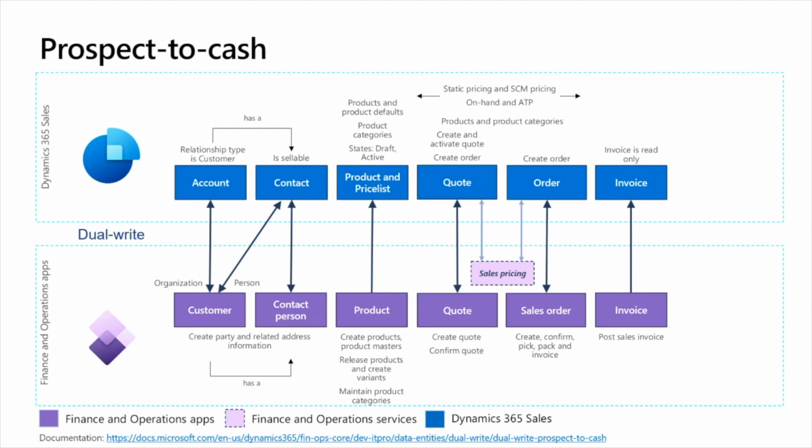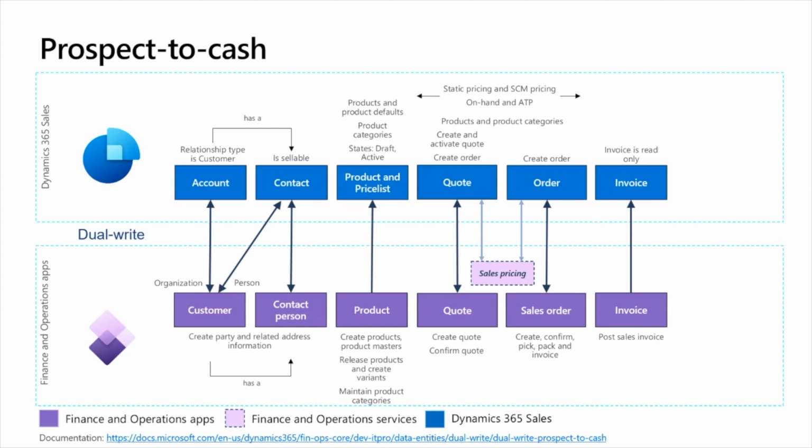And with orders, it's really mostly the creation of the order and any immediate maintenance activities. But as soon as it kicks into order confirmation and fulfillment, that's where finance and operations really kicks in from a maintenance and state management perspective.